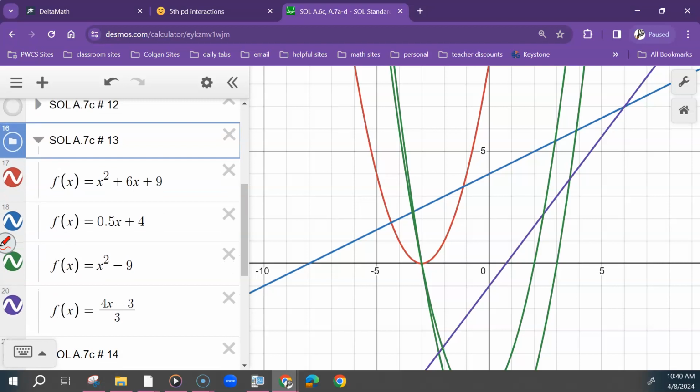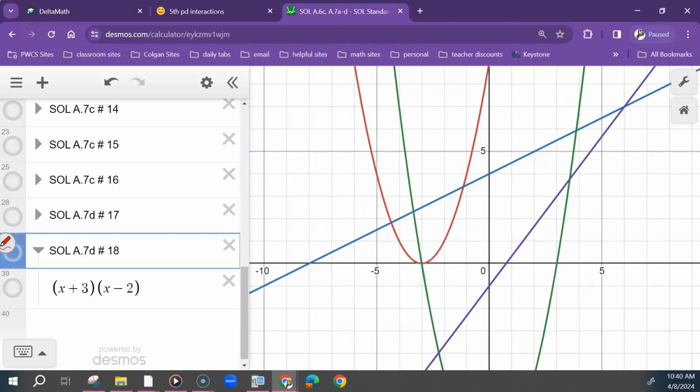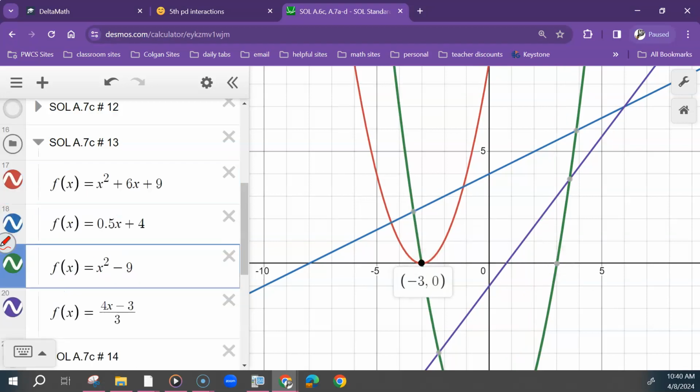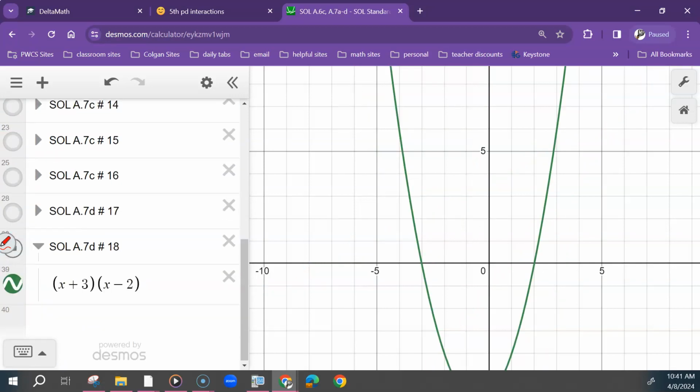So if I graph all of these, there's only one that crosses the x-axis twice. So Desmos will help you in those situations. If you had put in different factors for 18, you could see which one looks exactly like that.